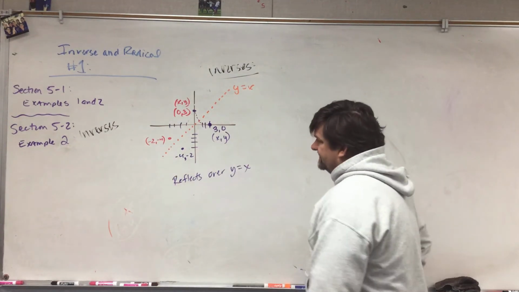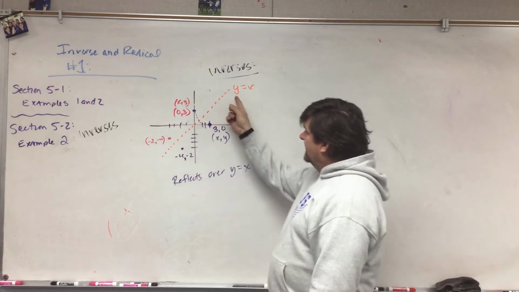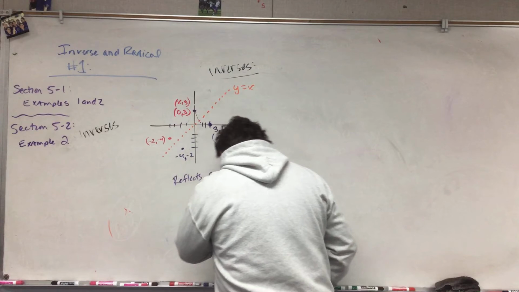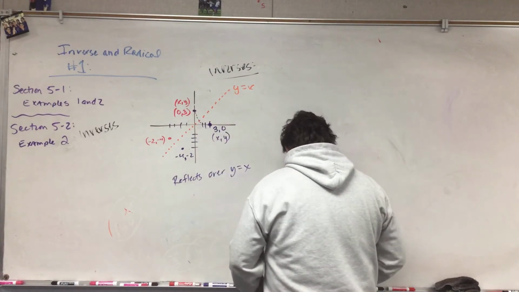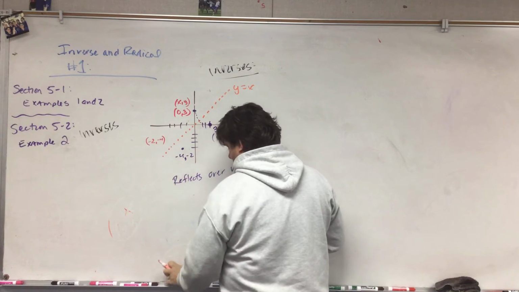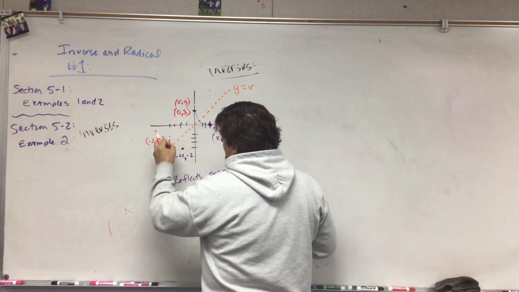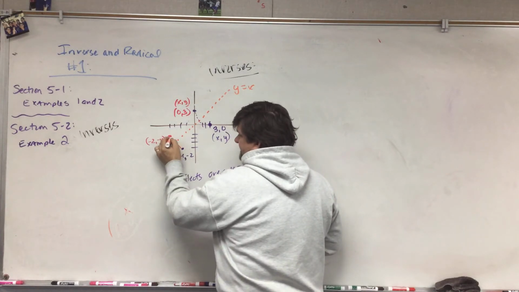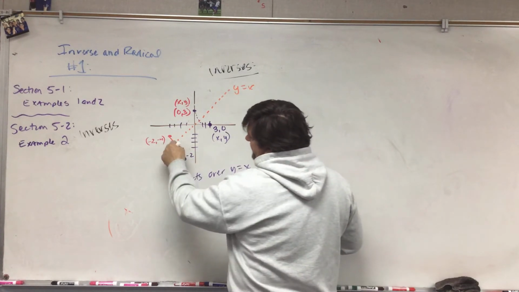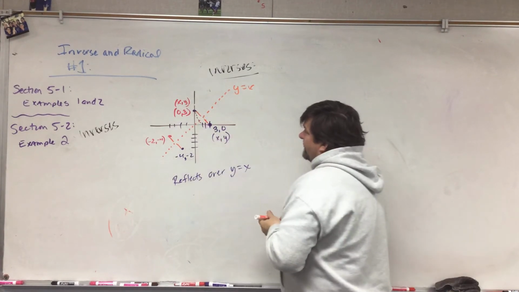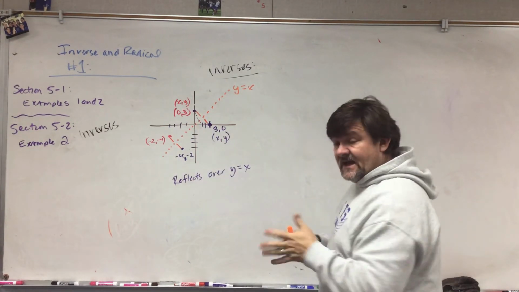That's my inverse point. Inverse means I go across. If I drew this graph really well, you would notice that the distance on either side of y equals x would be the same. So that's the idea of inverses.